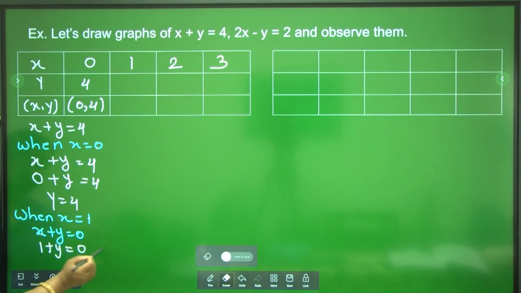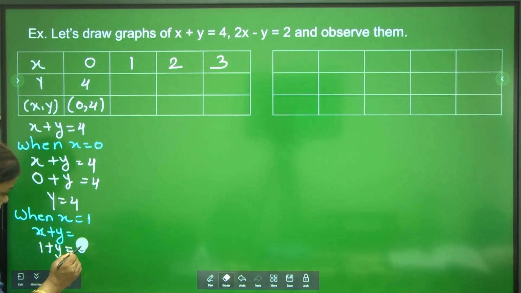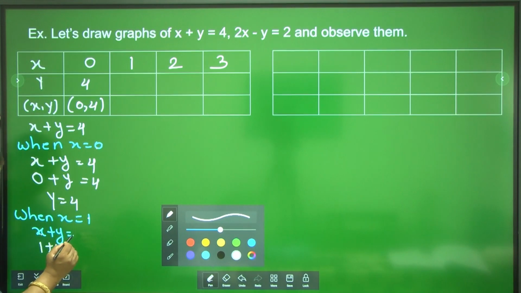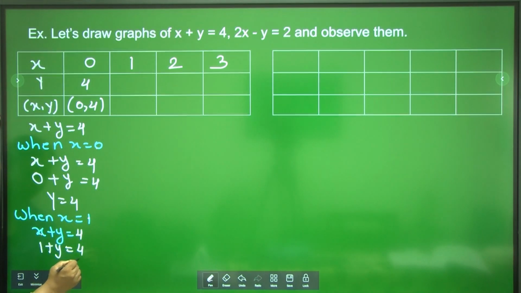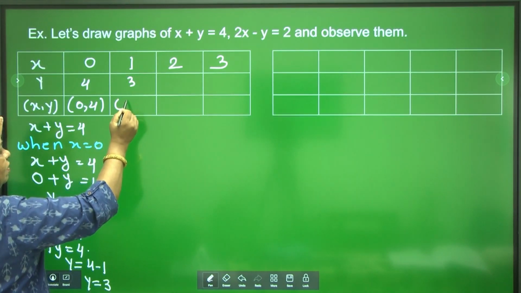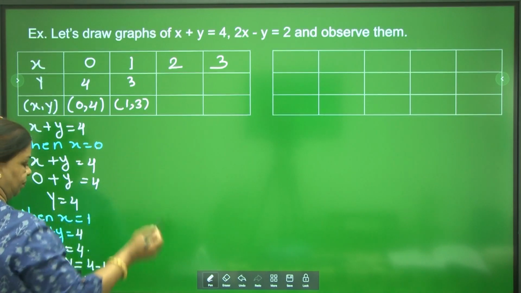It is not 0, it is 4 here. 1 will shift this side. So y is equal to 4 minus 1. So y is equal to 3. So your coordinate is 1, 3.